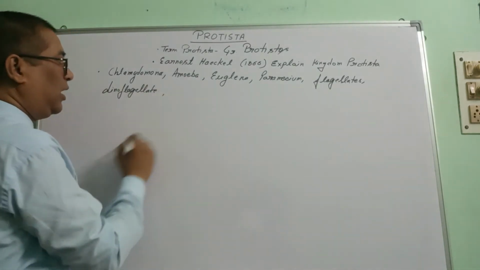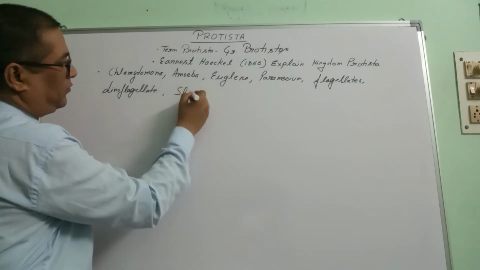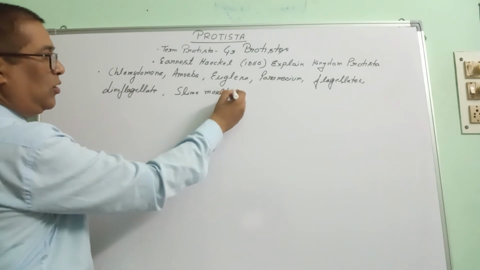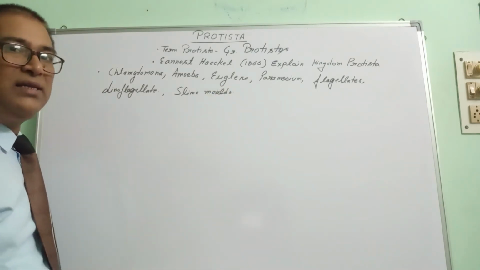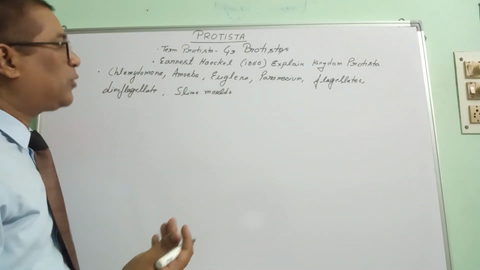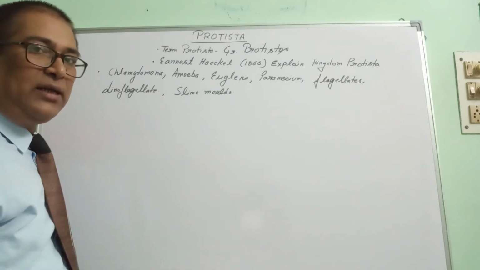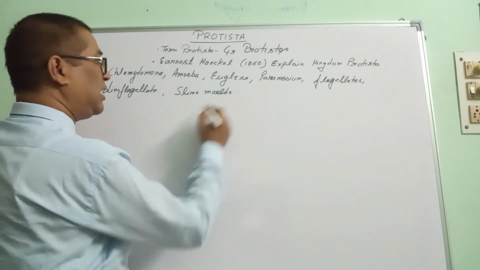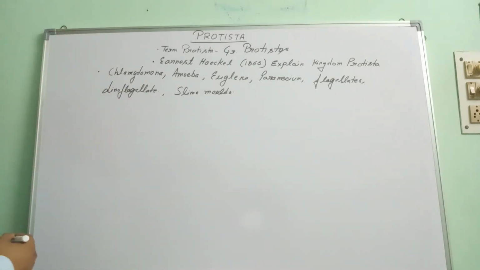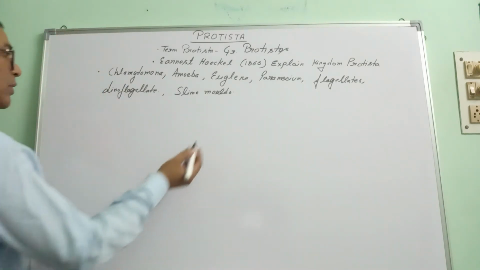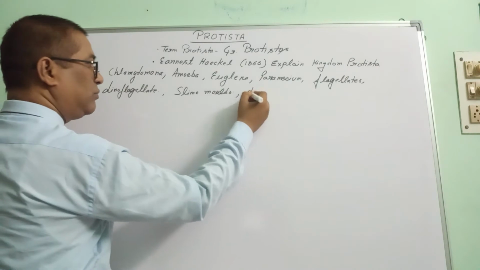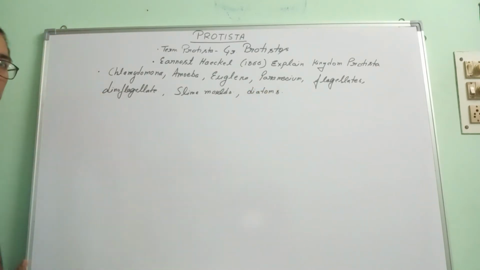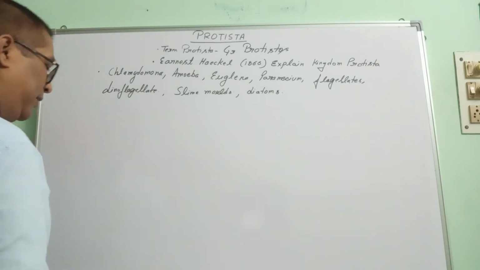Dinoflagellates and slime mold are the common examples of protista. There are lots of other examples, but at this level you have to know these. Another is also diatoms, which is also included in your NCERT.